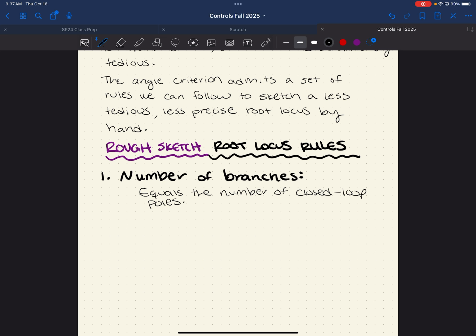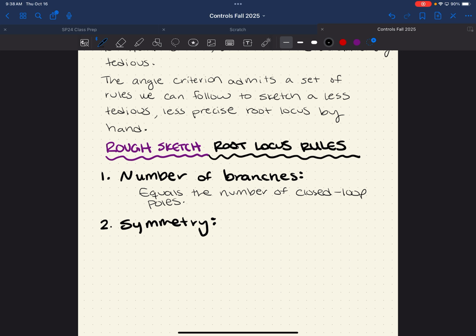Another rule is that these things have a sense of symmetry. Do you think they are symmetric about the imaginary axis, left to right, or are they symmetric about the real axis, top to bottom? Real axis, top to bottom, right? Because when we take roots of a polynomial, we often get imaginary poles that are plus and minus the same number, right?